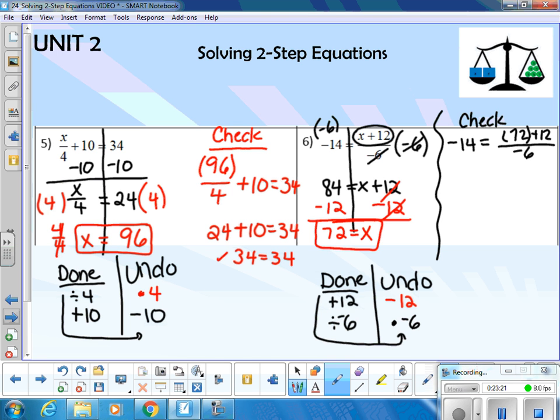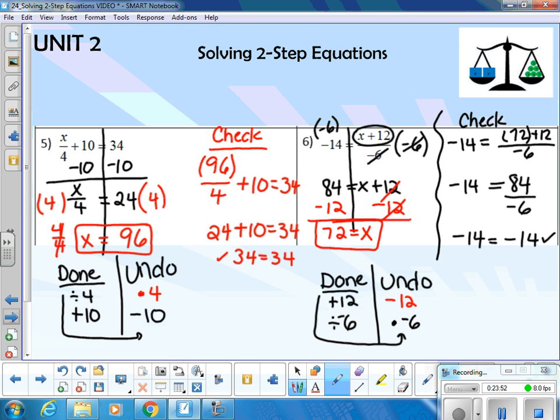So in this situation, I can't divide first, so I have to add. That's why we went backwards before. 72 plus 12 gives me 84. And I'm going to divide that by -6. 84 divided by -6 gives me -14. Does -14 equal -14? It sure does.